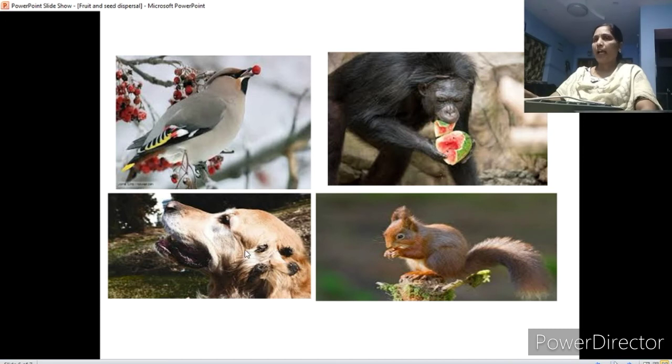And the seeds which are dispersing by animals should have some thorns or hooks or spurs on their seed coat. For example, if you see this dog, the animals which have hair on their body are mostly capable of dispersion.